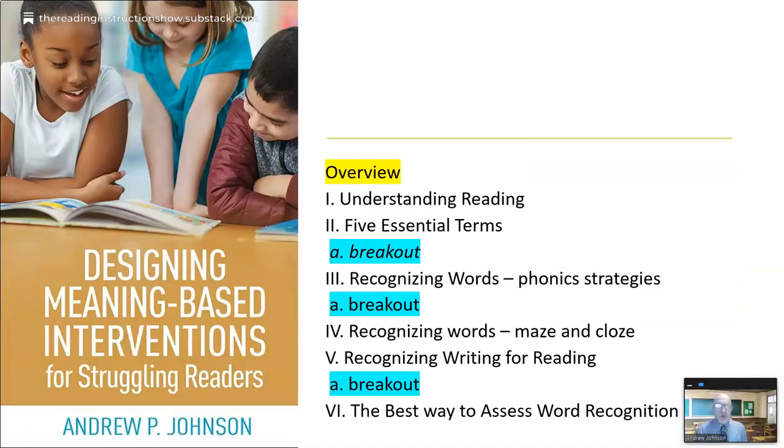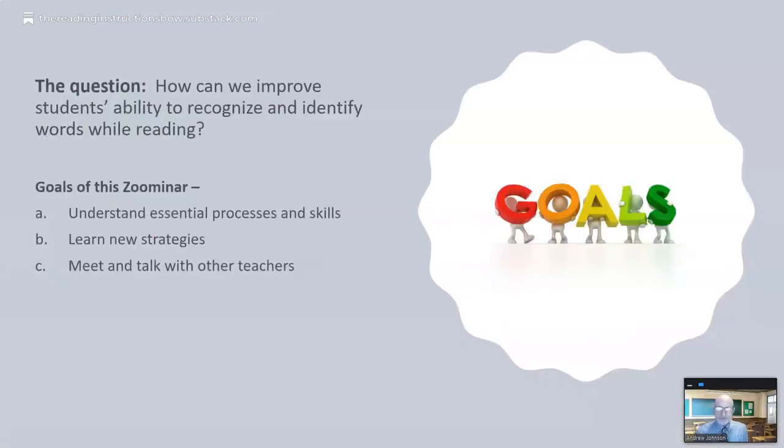This is an overview of our session. We're going to try to have at least 2 breakout sessions, essential terms, and you see it right there. So the question is, how can we improve students' ability to recognize and identify words while reading?